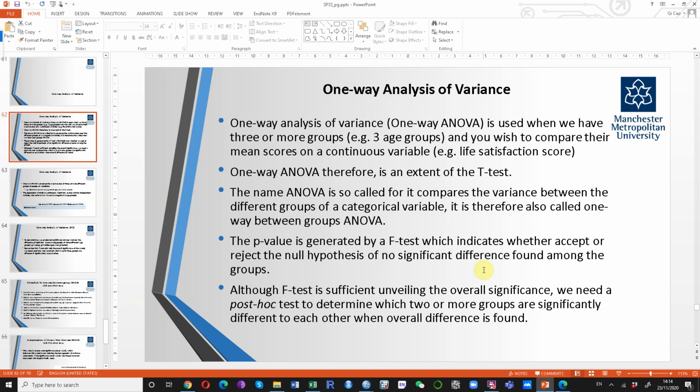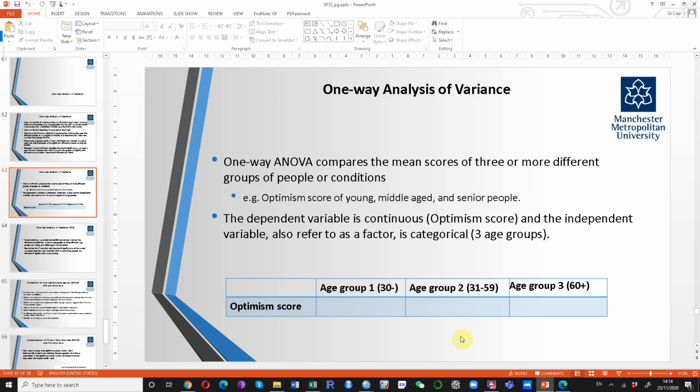I'll explain this with examples, which will be easier to understand. So let's look at this example here. We have an independent variable which is age group 3, and we have the continuous dependent variable which is optimism score.